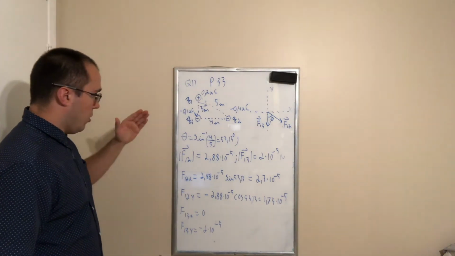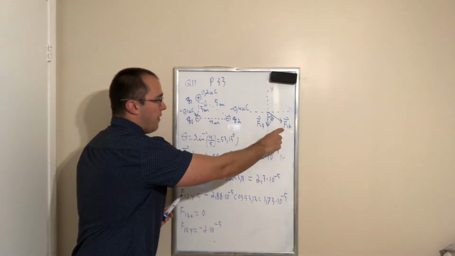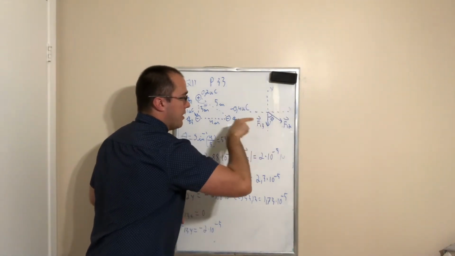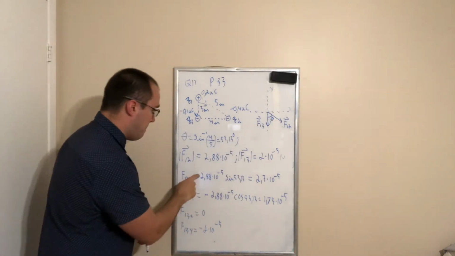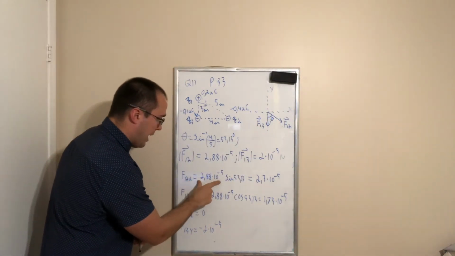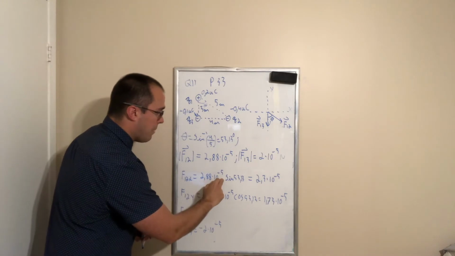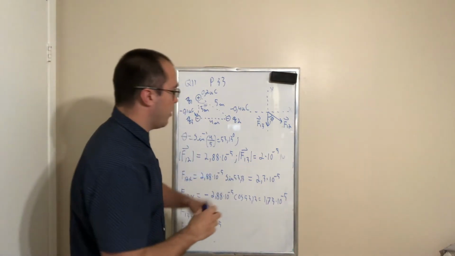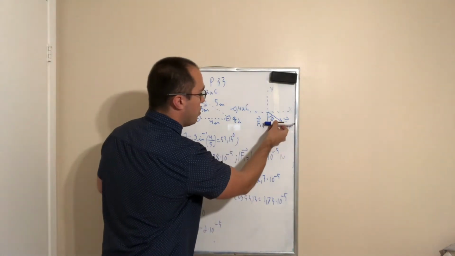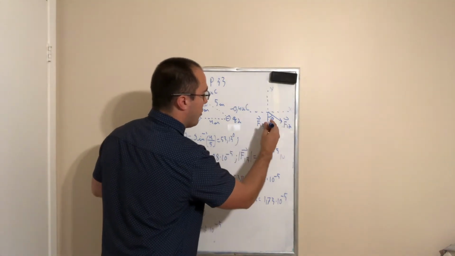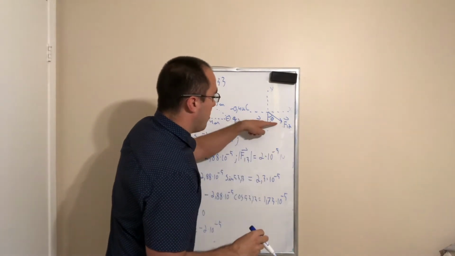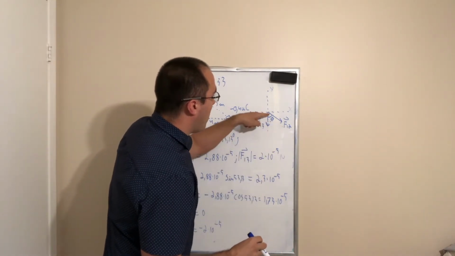All right, so let's find the x component of F12. Notice the x component is pointing in the positive x, so it will be positive. We multiply the magnitude by sine 53.13. The reason we're using sine here is because if we were to redraw the two sides of our triangle when it comes to F12, the x component will be on that side over here, opposite to the angle.